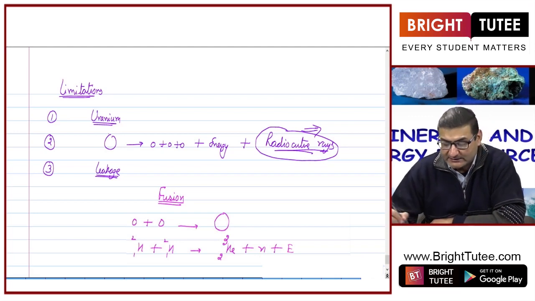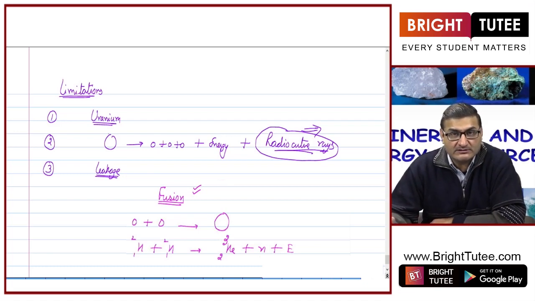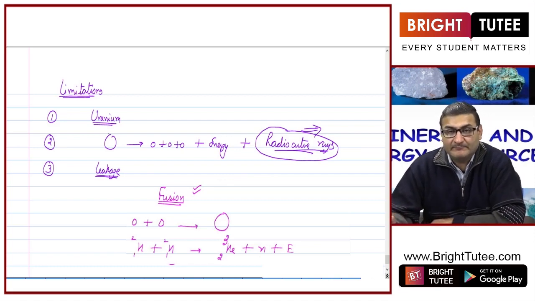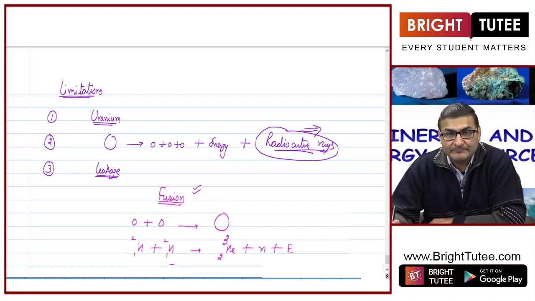Fine. Now this nuclear fusion is very much advantageous as compared to nuclear fission, because number one, the hydrogen which is required for this process is in plenty. Fine, in plenty. Second thing, the amount of energy produced in fusion is much more as compared to fission, right?